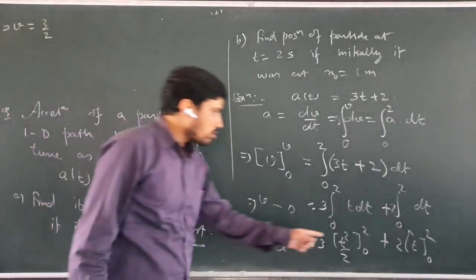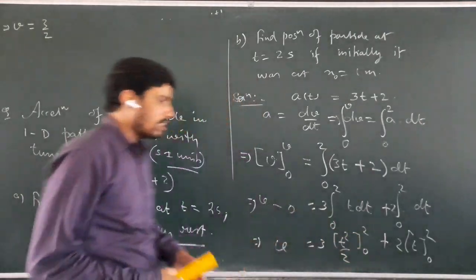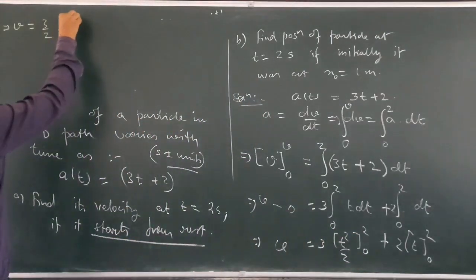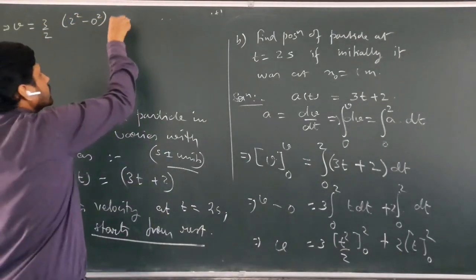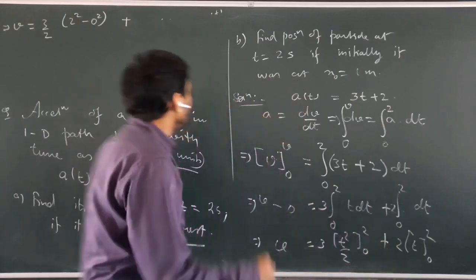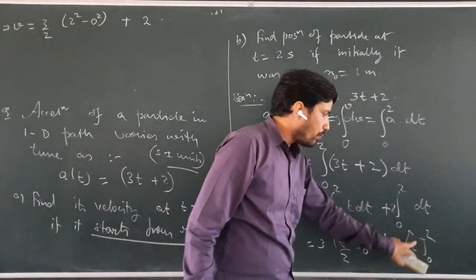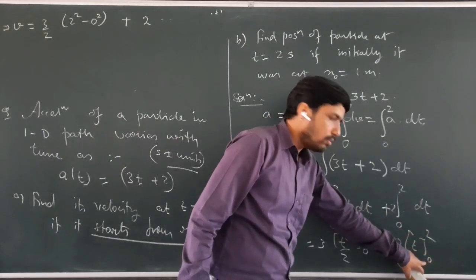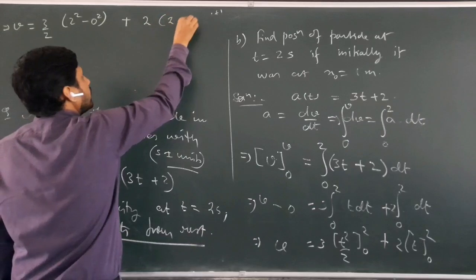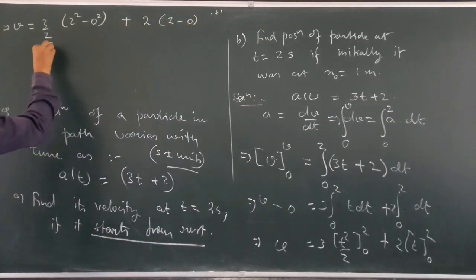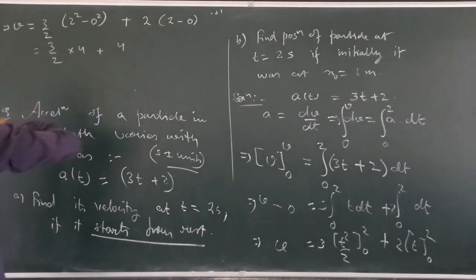Now t square, first we will put t is equal to 2, then put t is equal to 0, and then we shall subtract. So 2 square minus 0 square plus next term 2 into, here we have t from 0 to 2. So first we will put final value 2, then we shall put initial value 0, and we shall subtract. So 2 minus 0. So this becomes 3 by 2 into 4 plus 4.